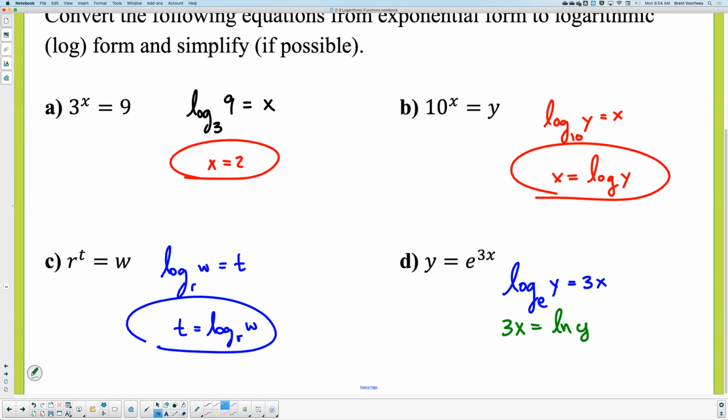Natural log y. And then one more thing I'm going to do to simplify this. How could I isolate this x? Divide by 3. I divided both sides by 3. I now would have x equals natural log y all divided by 3. Don't divide just the y, you need to divide the natural log as well. So natural log y divided by 3.